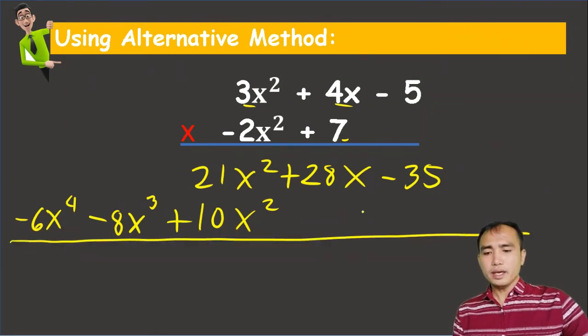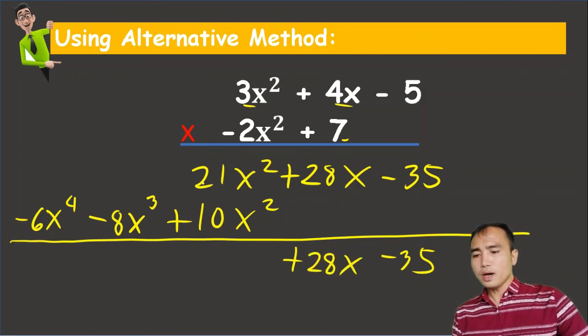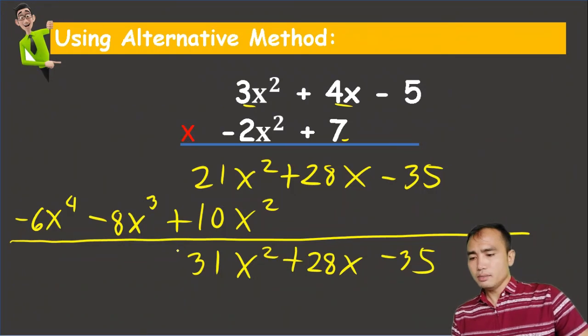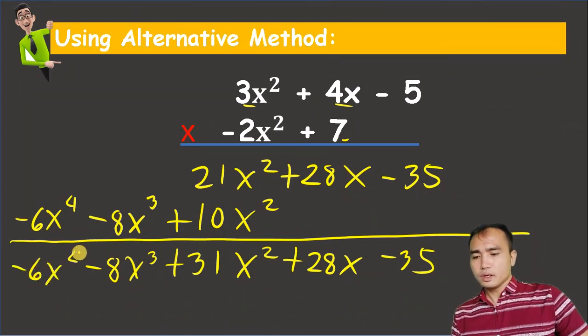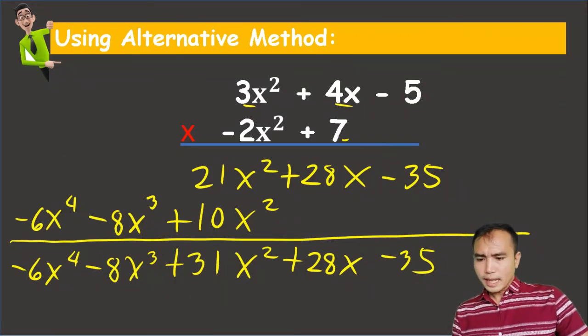Okay, simplify. So bring down negative 35, bring down positive 28x. Next, combine 21 and 10 is equal to 31. Then x squared. Okay, bring down negative 8x cubed and negative 6x to the power of 4. Okay, look for the like terms.